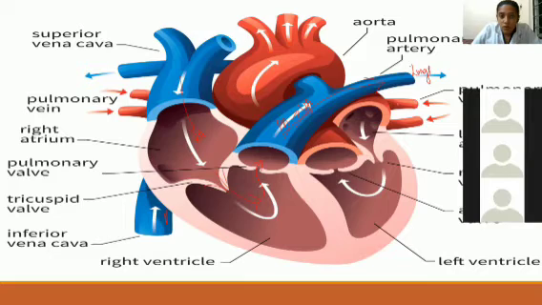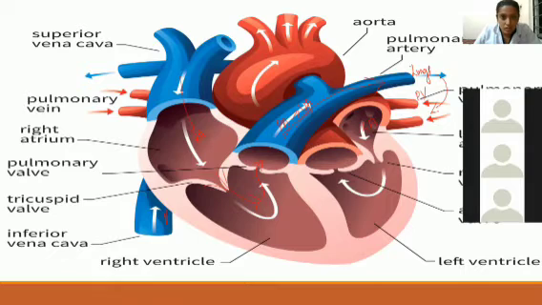In the lungs, this blood gets oxygenated, and this oxygenated blood comes to the left atrium through the pulmonary veins.